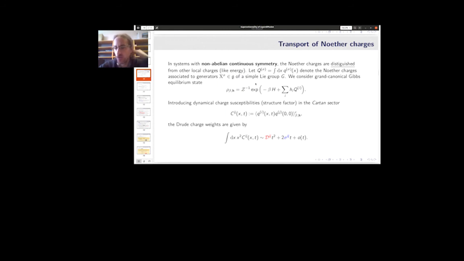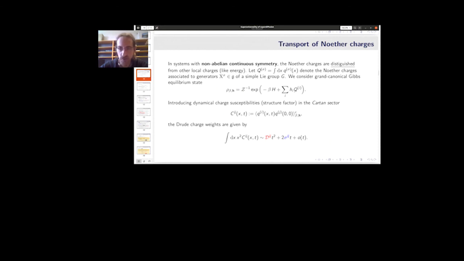Here I only include the commuting ones. The reason is that I'm interested in the H to zero limit, where I have G symmetry at the end. Then I can extend this to all the charges. But when I introduce chemical potentials, you take a maximal commuting set of charges Q_i and include them here.